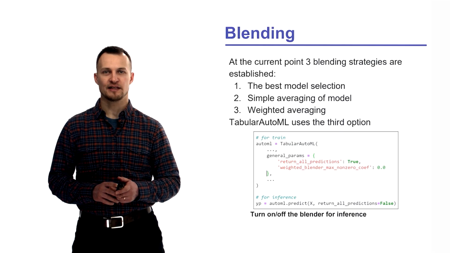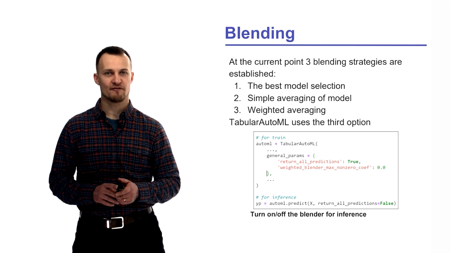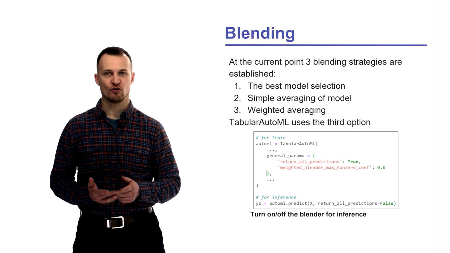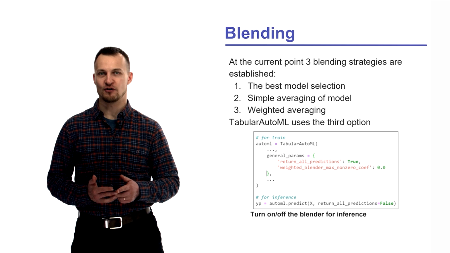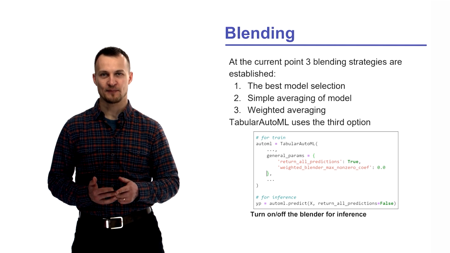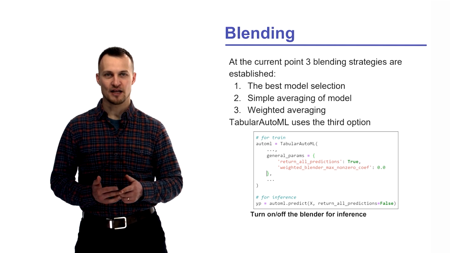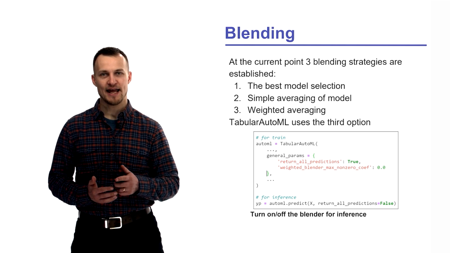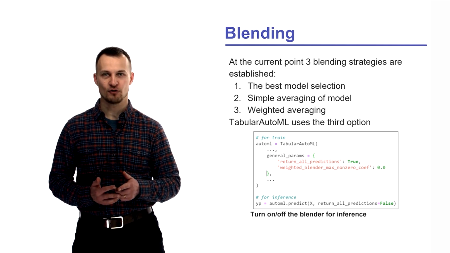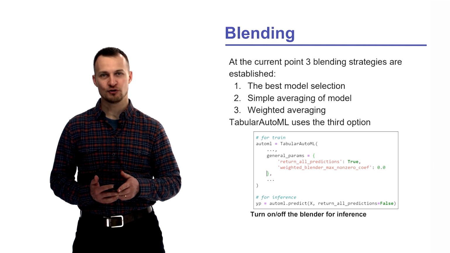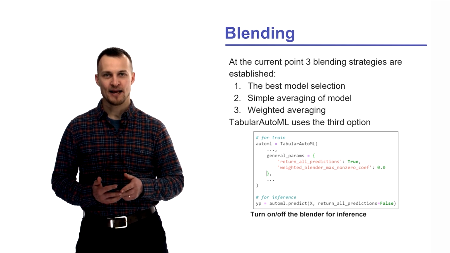For example, in tabular AutoML, the Blender is weighted averaging. For simplicity, we believe that such a model is not overfitted, although in reality, this is of course not always the case. Such an assumption allows us to build a Blender in any case, even when the pipeline has finished its work on timeout and we are not able to do a full stacking.